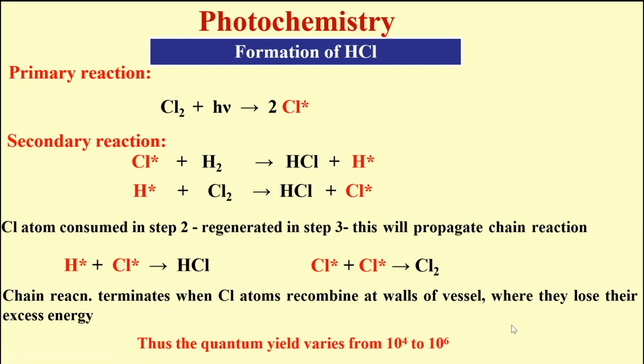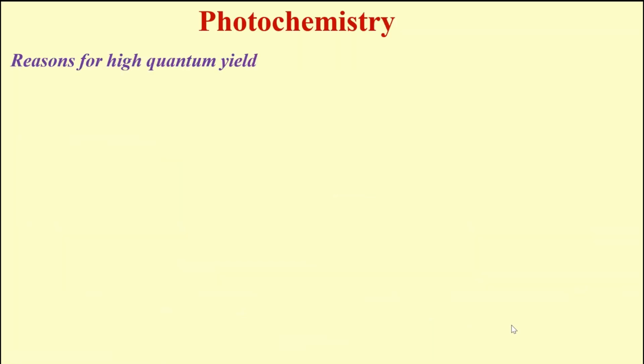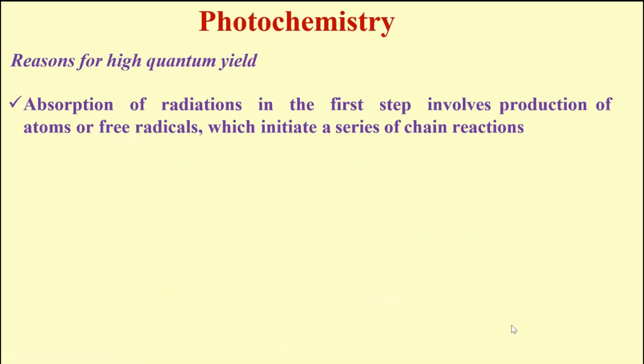The quantum yield here is in the range of 10 to the power of 4 to 10 to the power of 6. The high quantum yield is because absorption of radiation in the first step gives rise to a free radical which gives the initiation for the chain reaction.